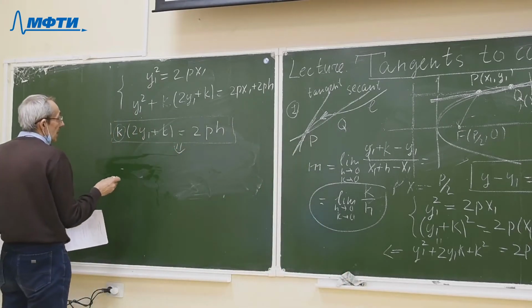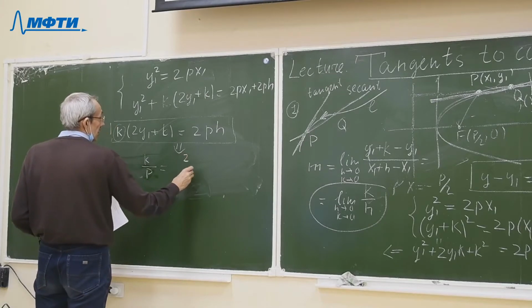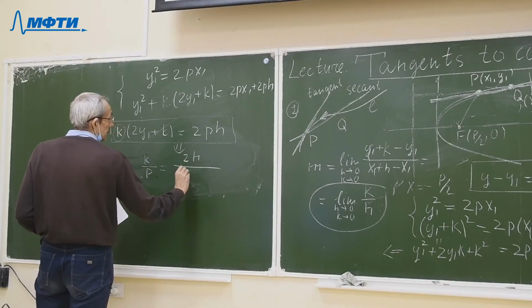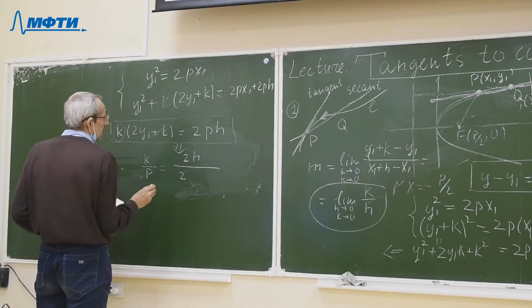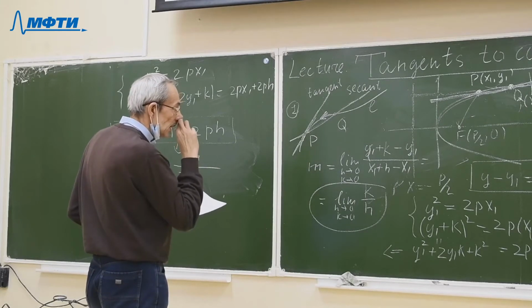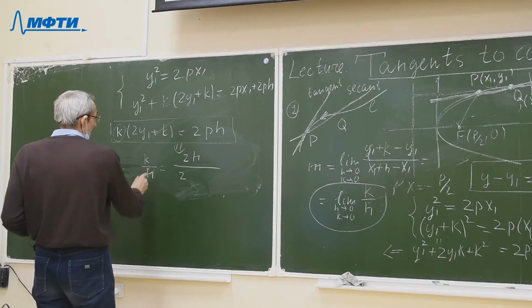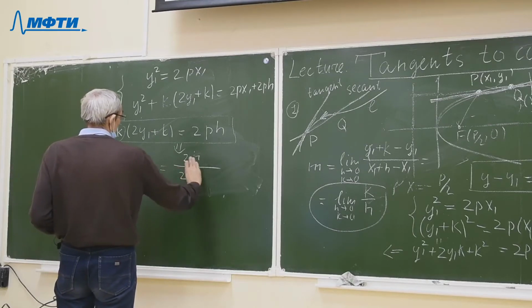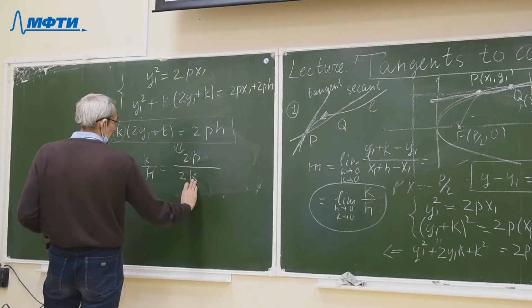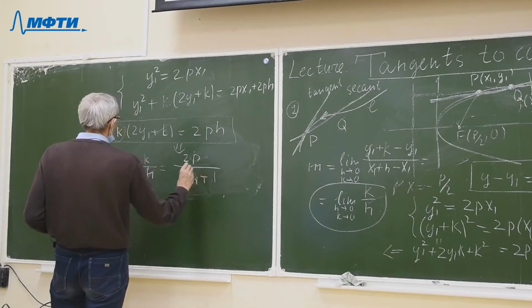From this equation, we obtain that the ratio k to h is equal to p divided by (2y1 plus k).